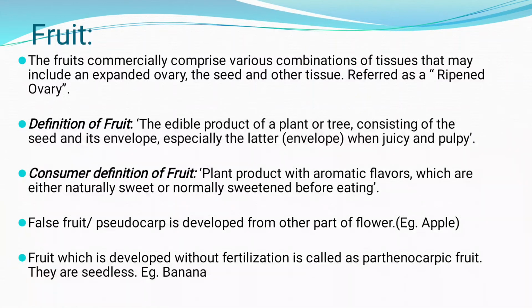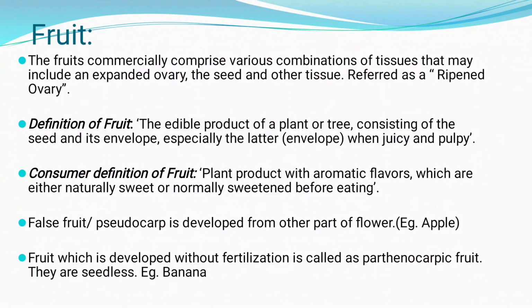What is the consumer definition of fruit? The plant product with aromatic flavors which are either naturally sweet or normally sweetened before eating. So generally, ripened fruits are sweet in nature, or sometimes the processed products are also sweetened.